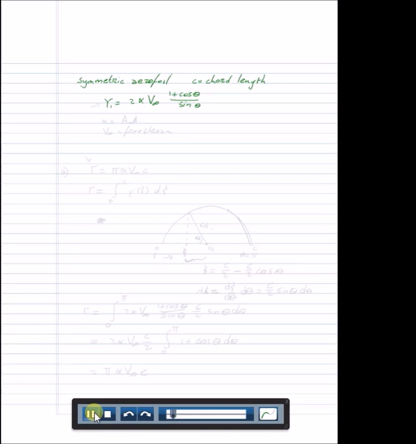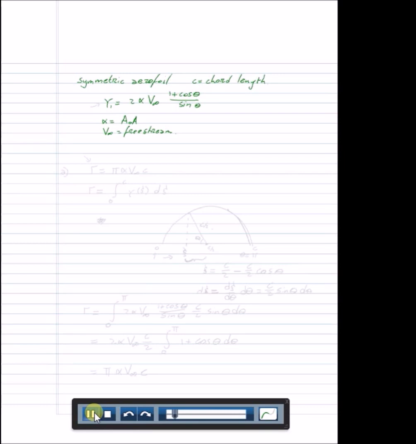We're flying at an angle of attack alpha. We've got a free stream, or far field, velocity V infinity, and an angle theta which runs from the leading edge 0 to the trailing edge theta.